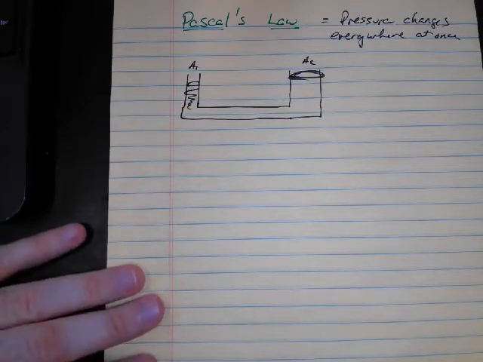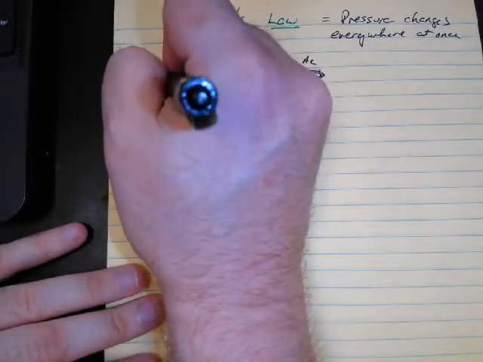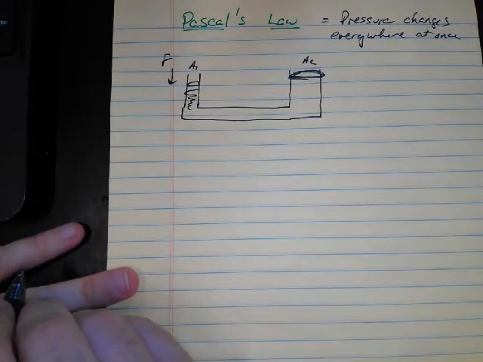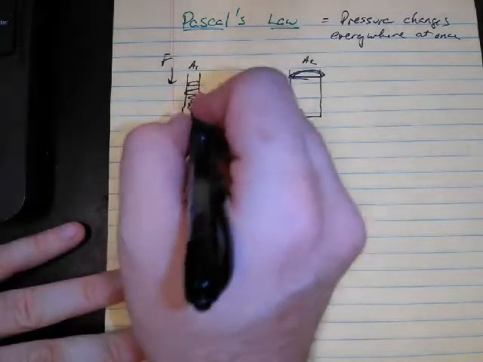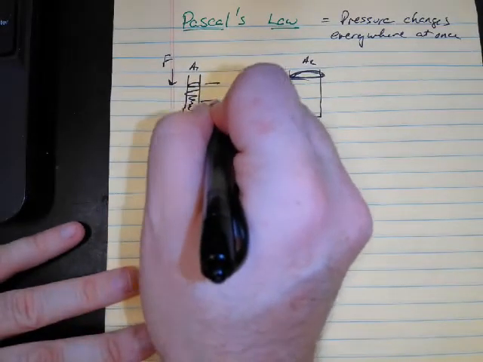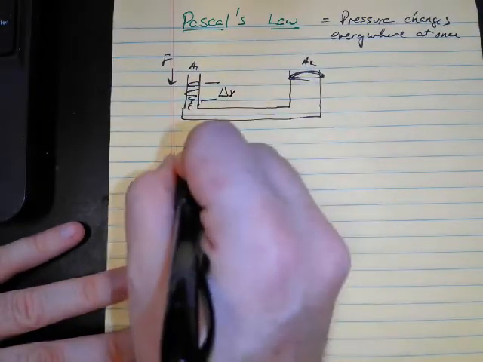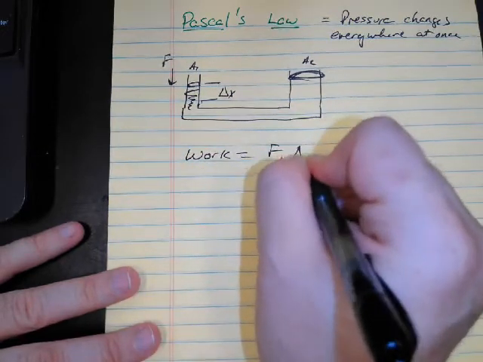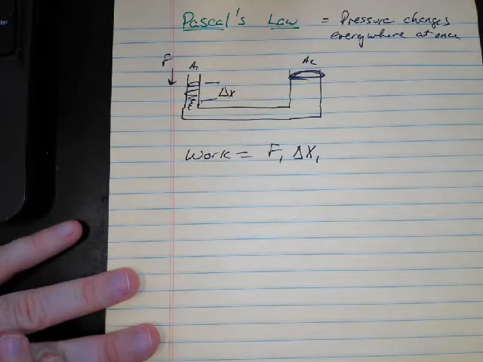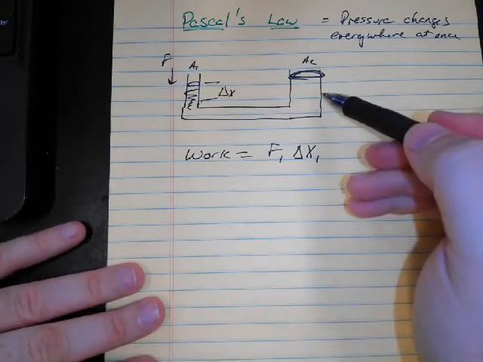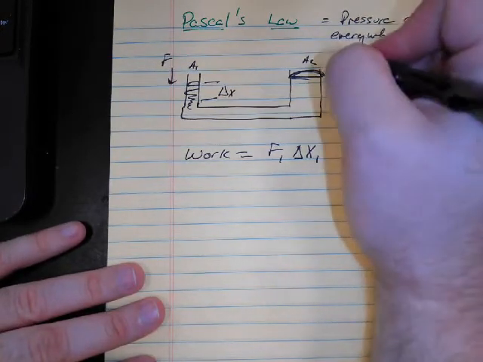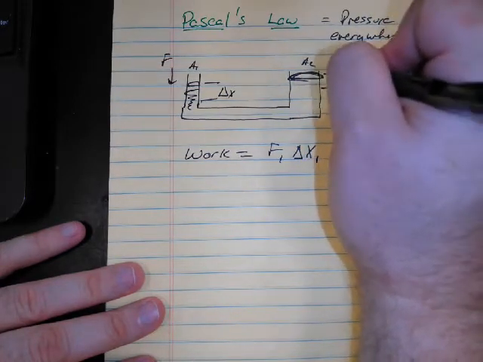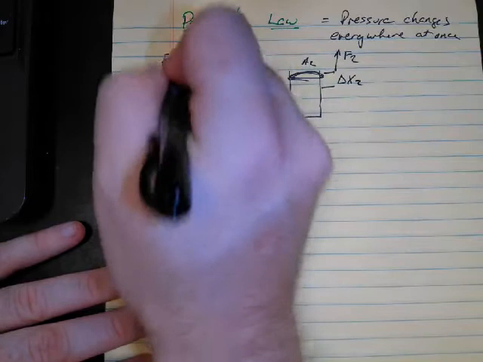Now, let's say we apply some force here, F. What it's going to do is change the position of this piston, delta X. So the work done is F1 delta X1. Now, it also has to move this piston. So there'll be some force upwards, F2, and some change in position, delta X2.